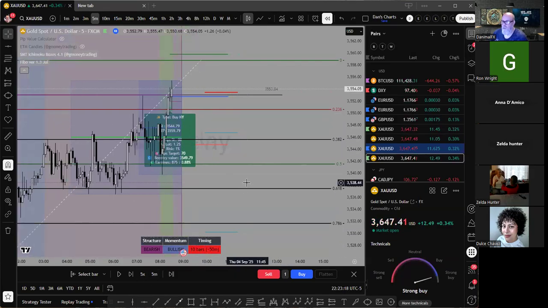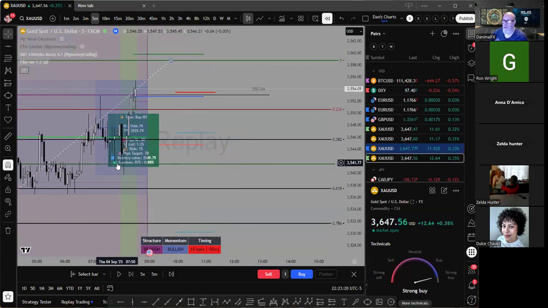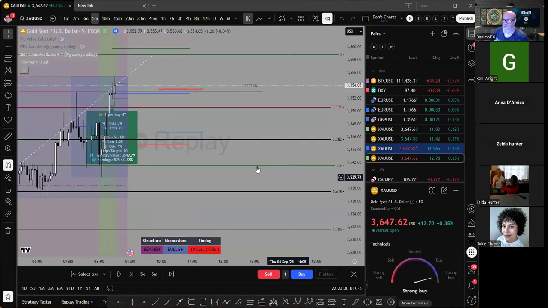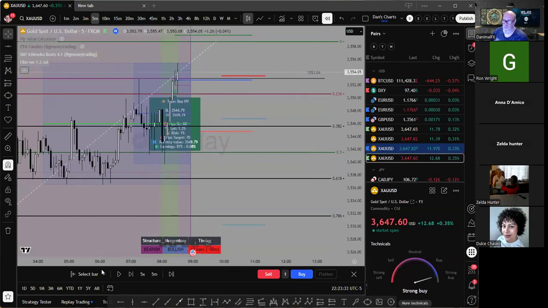So here we are. We got an impulse. Look at that. We have 1, 2, 3, 4, 5, 6 candlesticks as an impulse, a huge impulse. Then the next candlestick comes in, an even higher impulse. Look at that.